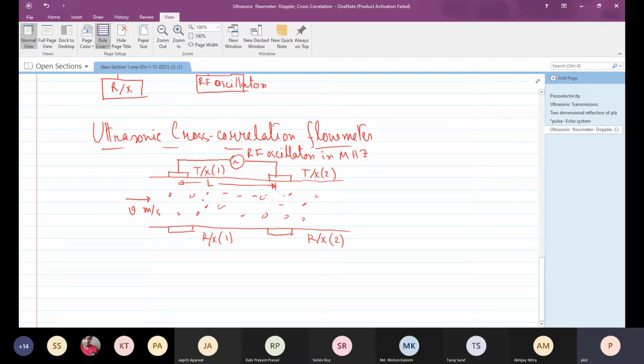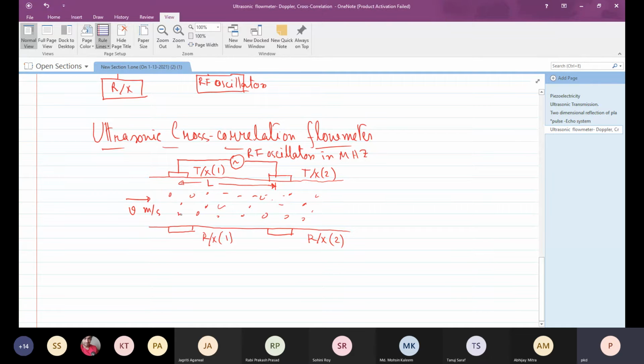Usually, if we want to measure the velocity of homogeneous fluids like water or oil, there would be some voids or there may not be any voids. If there is a void, then very good reflections will come, because if these particles are air pockets, then the acoustic impedance difference between the liquid and this void would be very high.